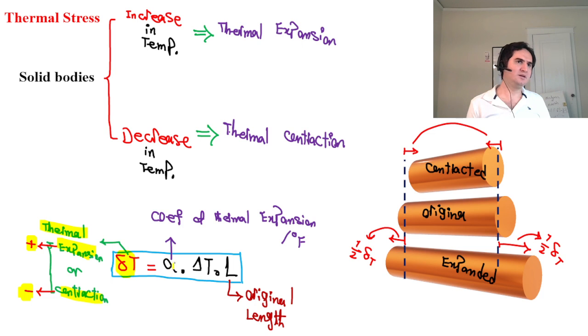It consists of alpha, the coefficient of thermal expansion over each degree Fahrenheit or Celsius, times delta T, the change in temperature, either decrease or increase, times the original length of the material.